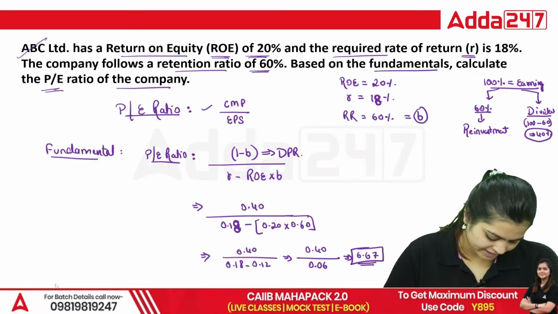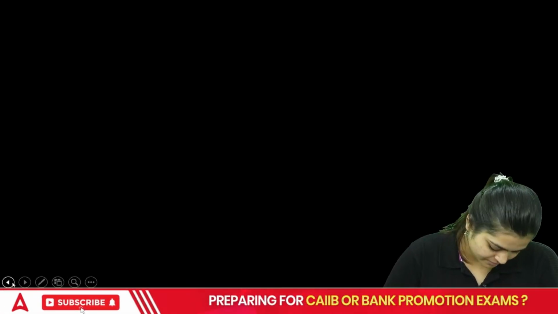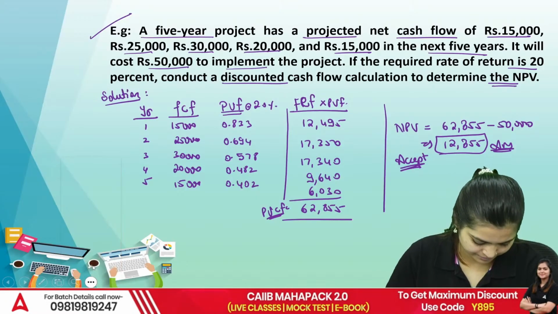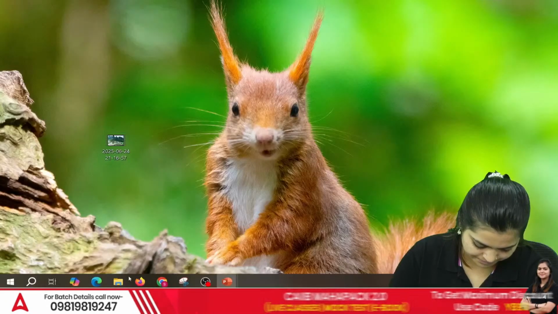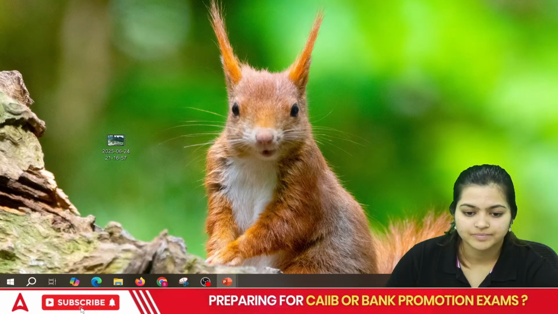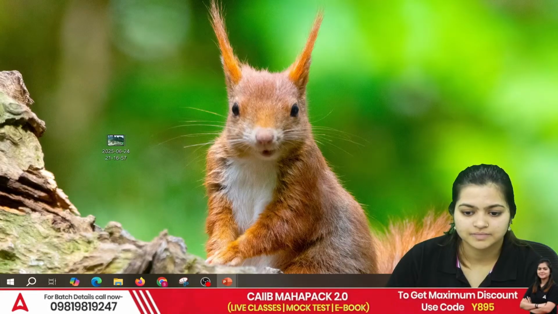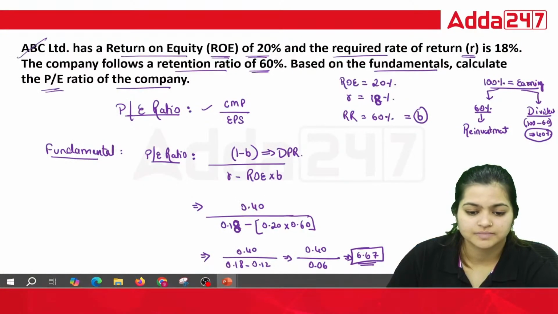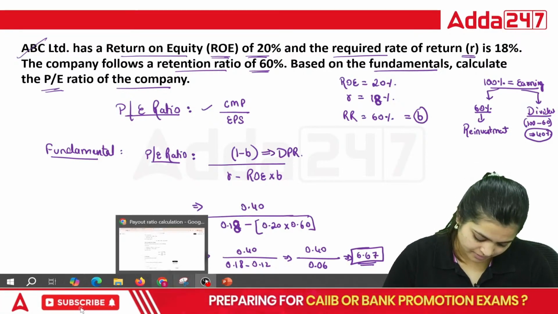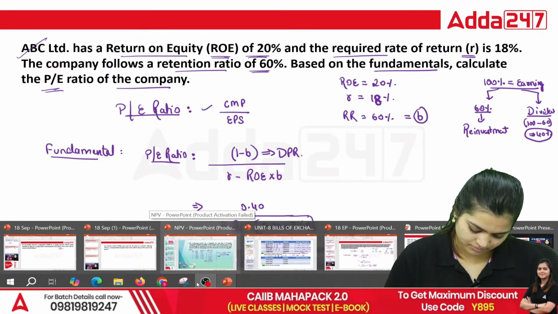So this PE is your correct answer. As per this, they are saying that this is your final PE ratio.